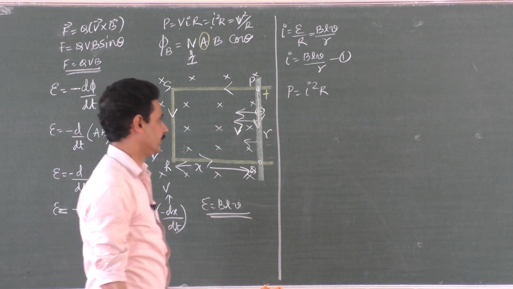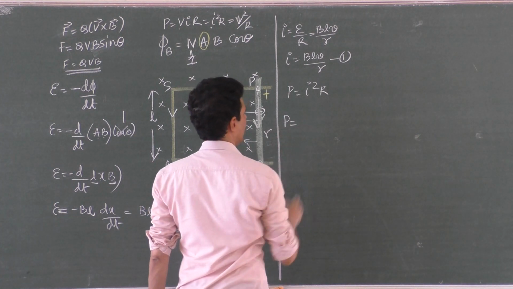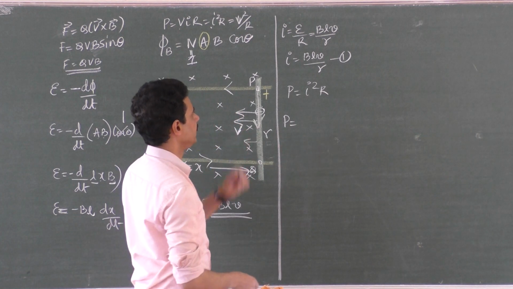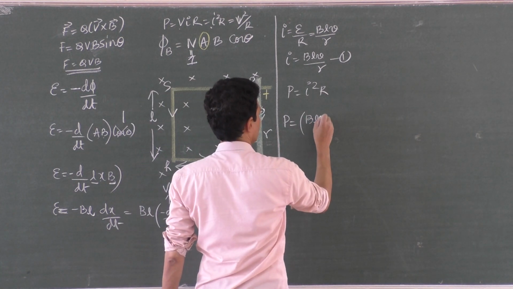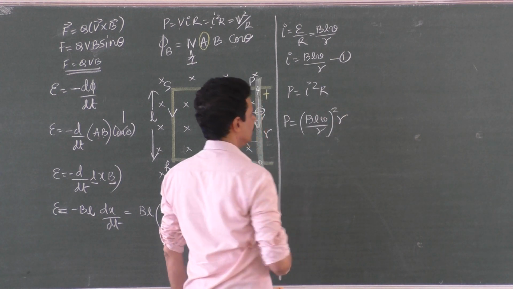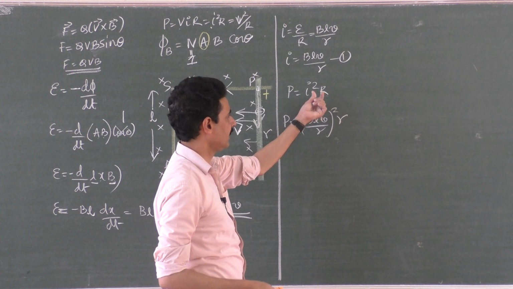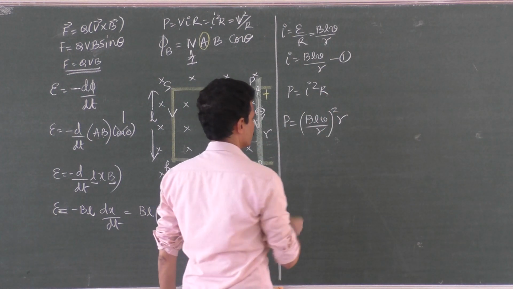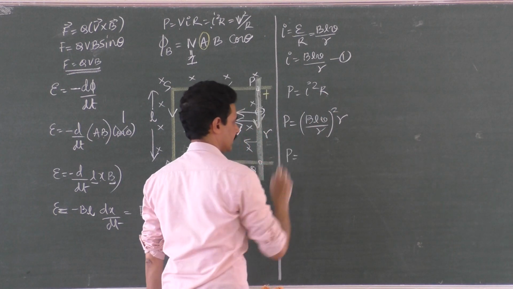So what is the power? Power is equal to I squared R, BLV by R whole squared times R. I've used this as a common formula. Here resistance is small r. So what is the answer?